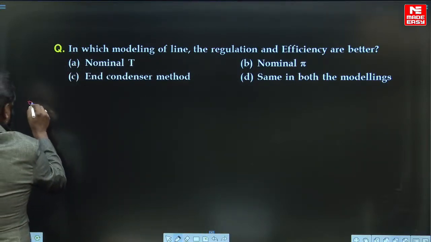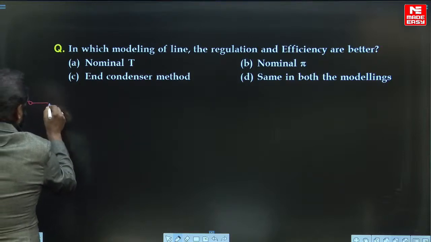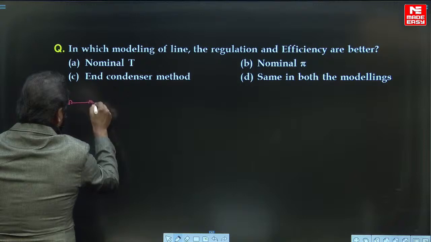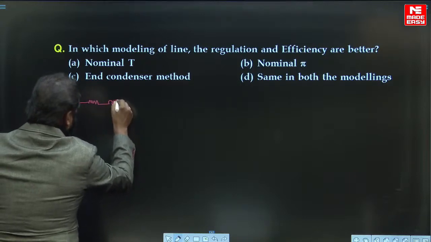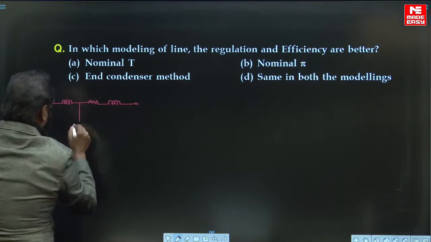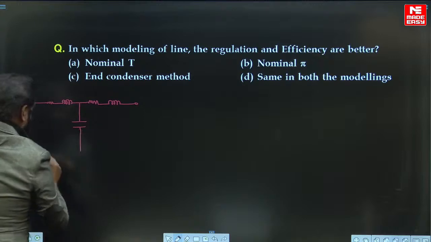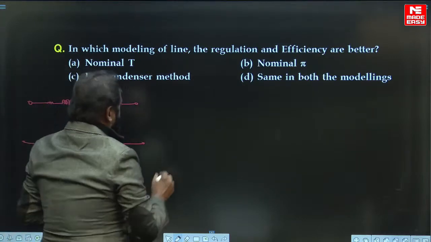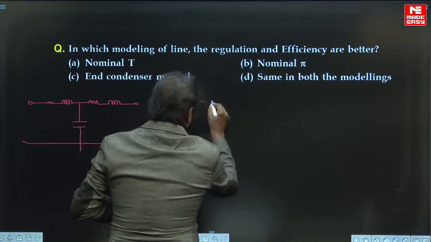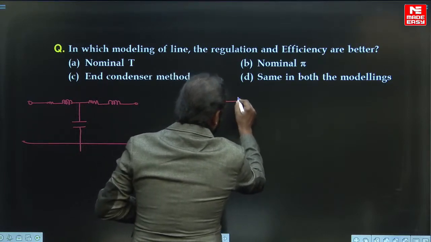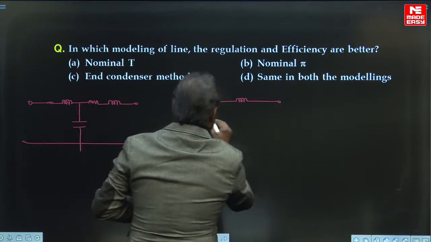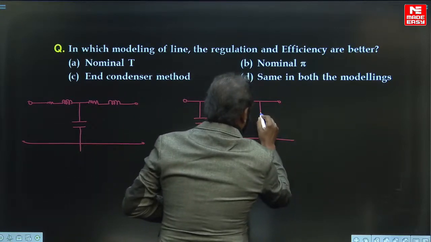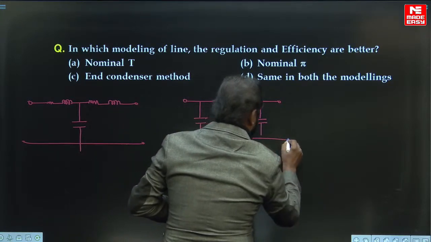Let me consider the nominal T. This is half the resistance, half the inductance, and here half the resistance, half the inductance. This is the modeling of a T. And what is the pi modeling? The resistance, reactance, and here half the capacitance, here half the capacitance.